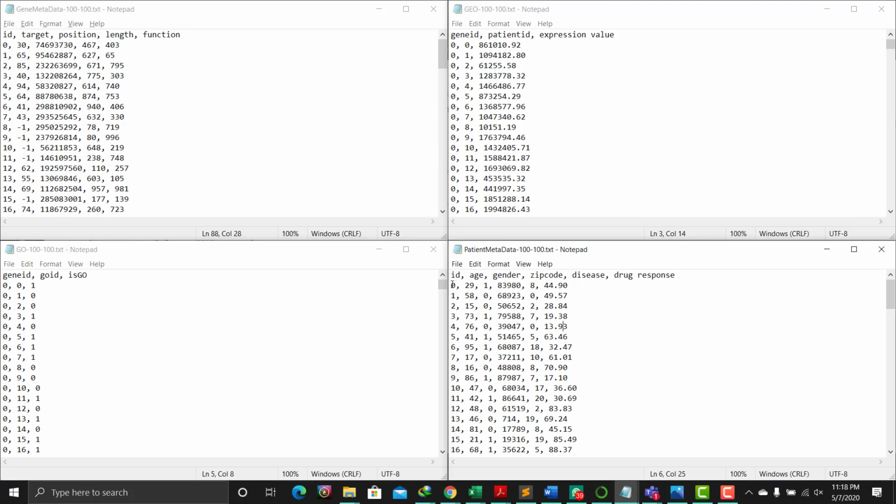The patient metadata contains just the general information of the patients with two specific fields: one is the disease and the other is the drug response. The gene metadata contains the ID of the genes, the target of the genes, position, etc., and the function of the gene.